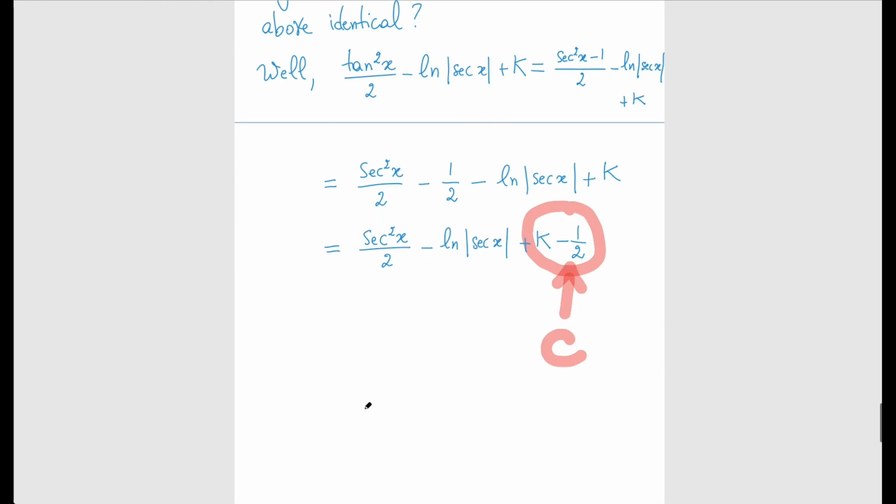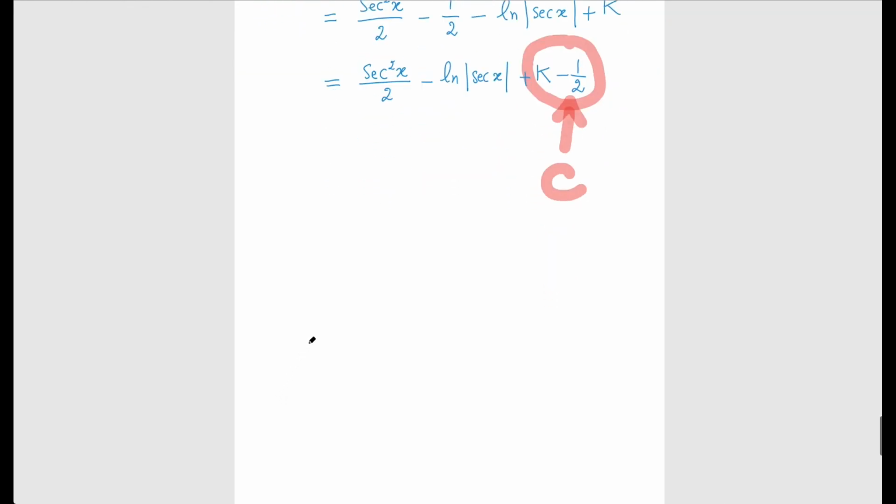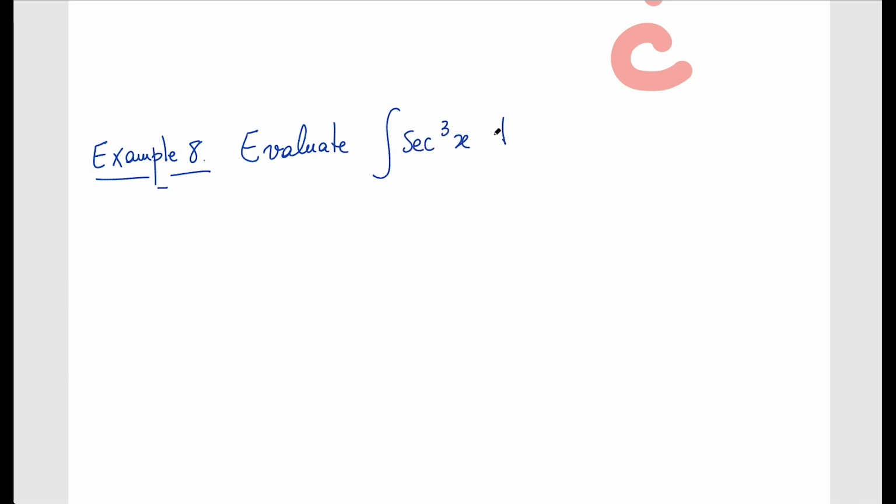Let's do now a problem that has to do with powers of sec. Let's call it example 8. So powers of sec may require integration by parts. So let's say I want to evaluate the indefinite integral of sec cubed of x dx.